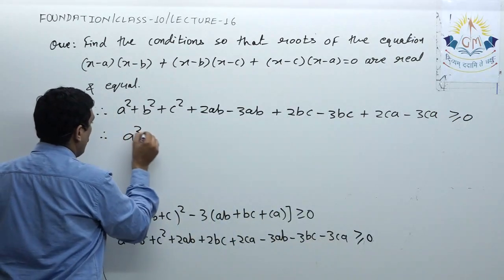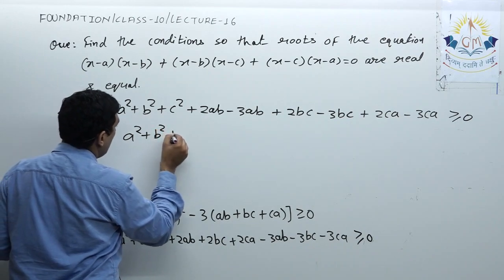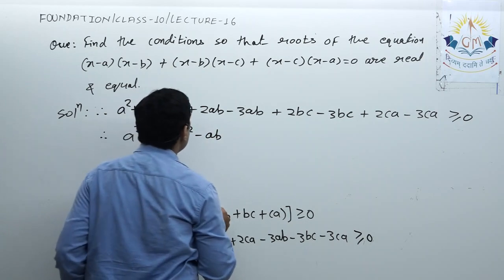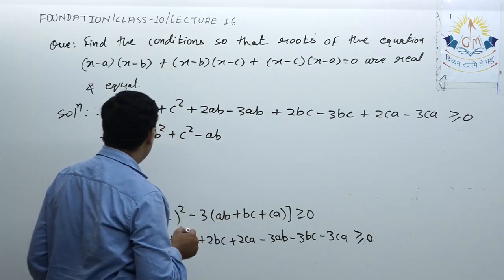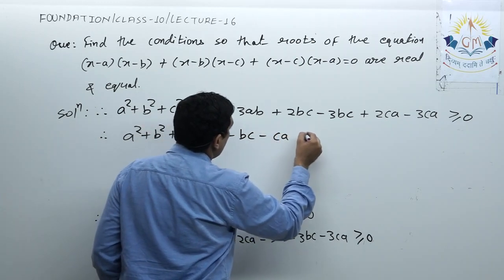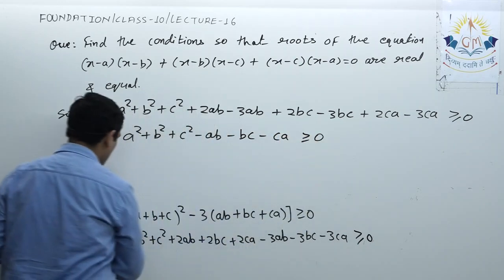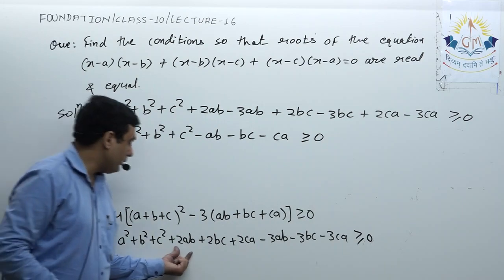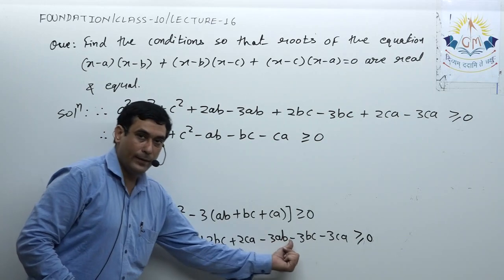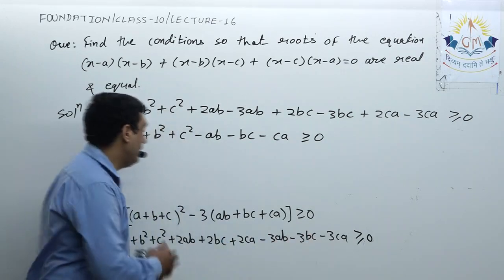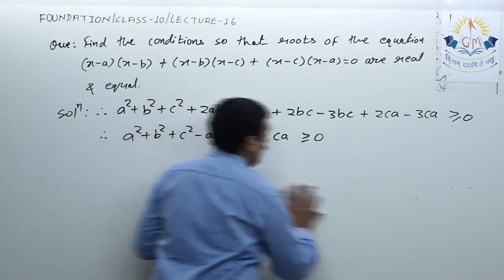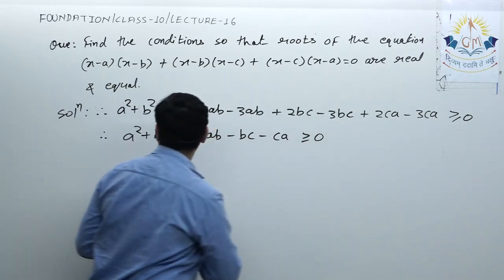That is a square plus b square plus c square minus ab minus bc minus ca greater than or equal to 0. Simply, I wrote the like terms together, 2ab minus 3ab, 2bc minus 3bc, 2ca minus 3ca, and after subtraction I got this. How to solve it further?